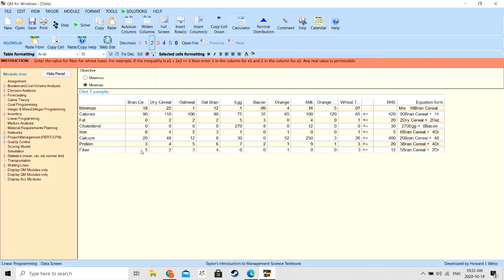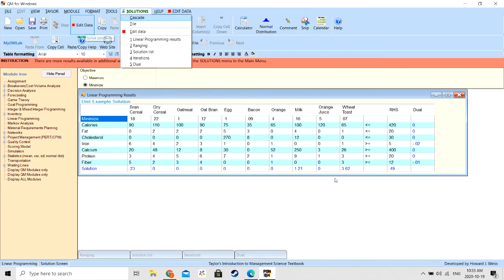Okay, so we've taken all of the information given to us. We've now entered it into the data. And as we saw before, using QM for some examples is very, very easy, like this scenario. So all we're going to do now is hit solve.